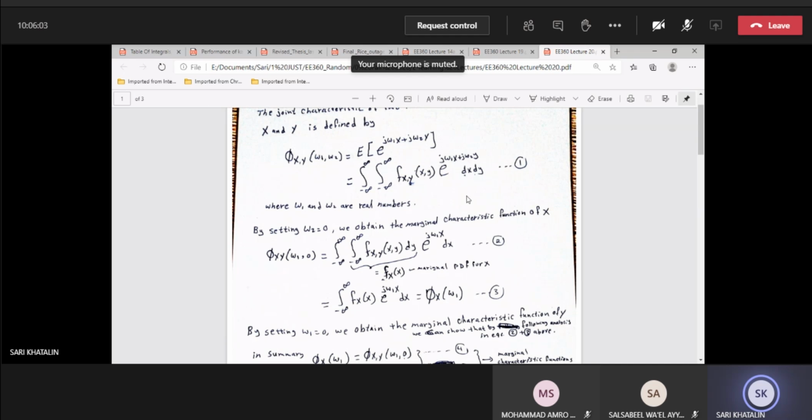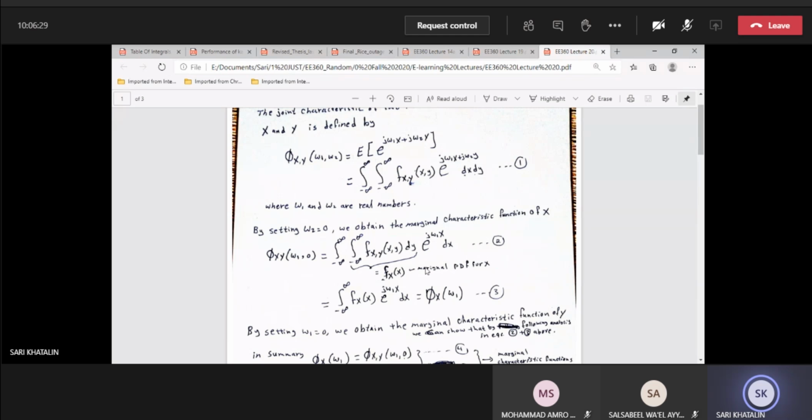from equation 1, we can derive the marginal characteristic functions of X and Y. So to find the marginal characteristic function of X, we can set omega 2 in equation 1 to 0, which means j omega 2 Y will go away, as shown in equation 2, right?